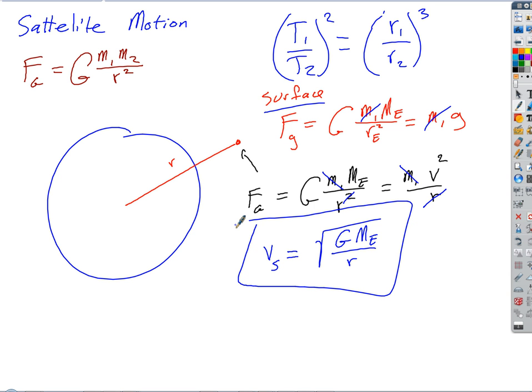What if we wanted to solve for r? We can either go back to here and do it, or we could go from there, it doesn't matter. How about if we just square both sides to undo the square root? That becomes a v squared, and I just swap the v squared and the r. So we'd end up with the radial distance of the satellite equal to G times M over v squared.